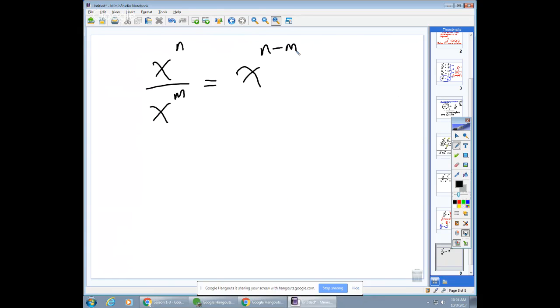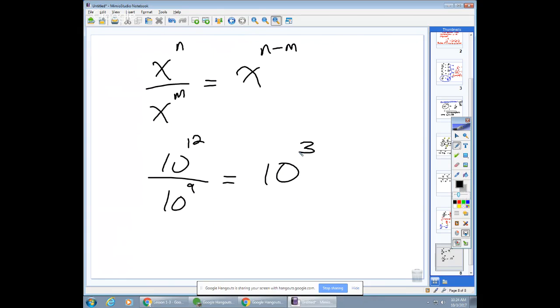And that's my new answer. So for example, if x happened to be 10 and I had 10 to the 12th power divided by 10 to the 9th power, the fraction disappears. I just write the base. 12 minus 9 is 3, so this is 10 cubed.